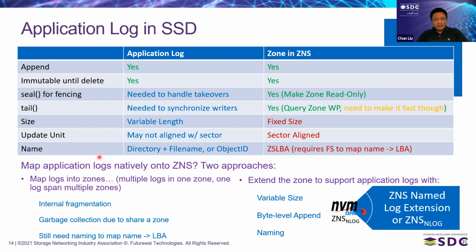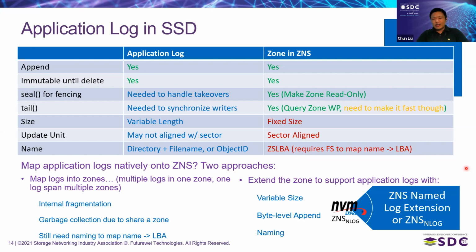Additionally, an application log is identified by directory, file name, or object ID, while the zone uses ZSLBA, which means we need a file system or a metadata server to map the name to LBA.